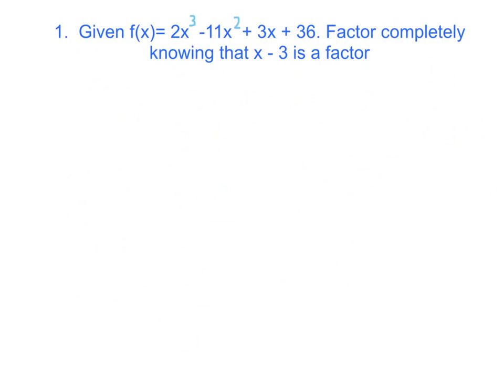Okay, so given our polynomial, factor it completely knowing that x minus 3 is a factor. So I have a choice. I can set up long division, 2x cubed minus 11x squared plus 3x plus 36 divided by x minus 3, or I can do synthetic. We obviously would choose synthetic, so we're going to set up the upside down division.